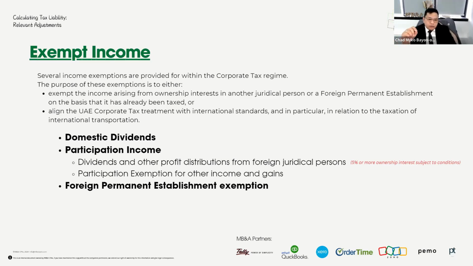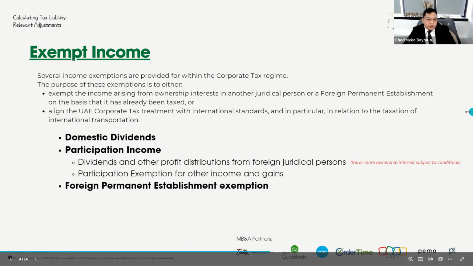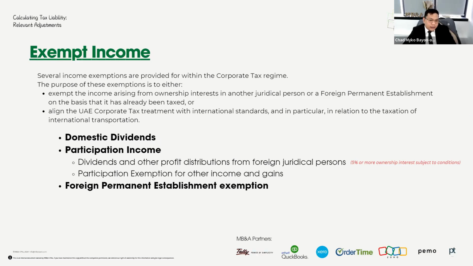And please take note that all expenses related to exempt income will be adjusted as well. So say for example, for our dividends, normally we will have some processing fees for legal or documentation fees or broker fees for buying the shares of stock.